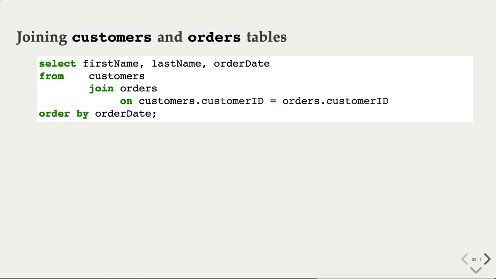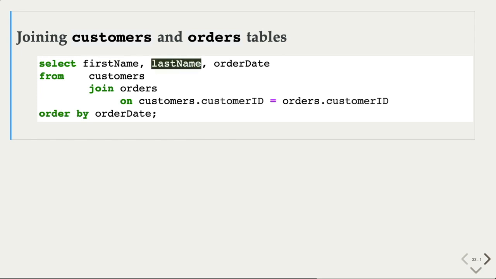So in the example here, we select first name, last name, which are from the customers table. We also select order date, which supposedly should be from the orders table. So we can see that they are from two tables.